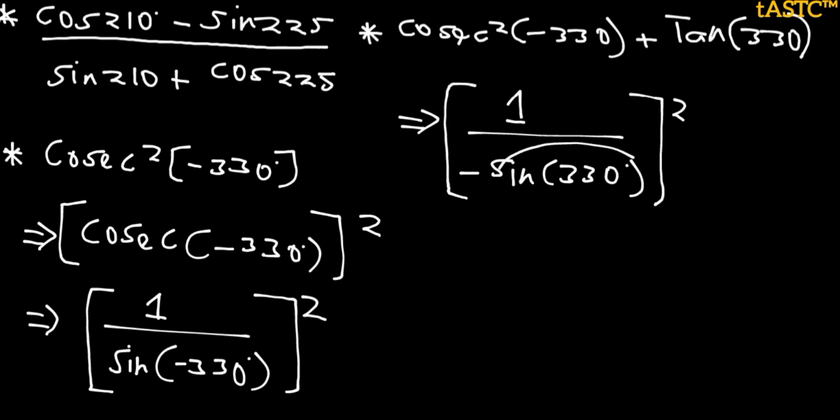Now we need to work out sine 330. In order to work out sine 330, you need to know the quadrant to which 330 belongs. And that is actually the fourth quadrant. This is 90, this is going to be 180, this is 270, and this is 360 degrees.